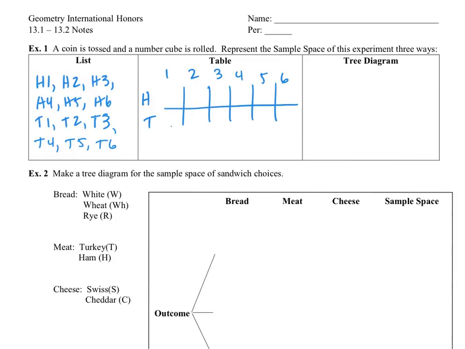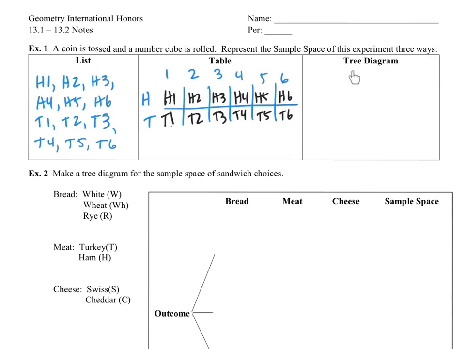So all those possible outcomes, we could just use the table. Heads 1, heads 2, heads 3, and so on, heads 5, heads 6, and then tails 1, tails 2, tails 3, and so on. All right, so that's the way we can represent our sample space in an organized way using a table.